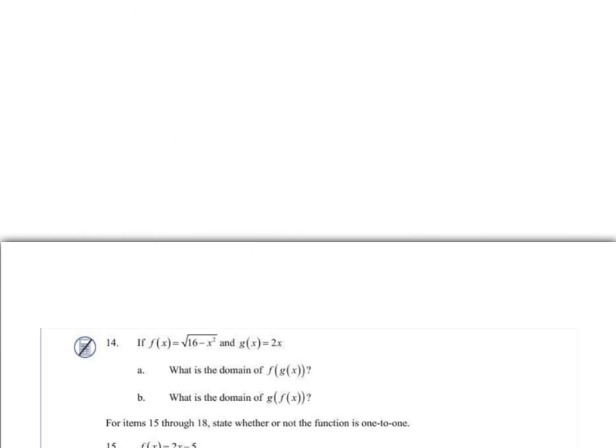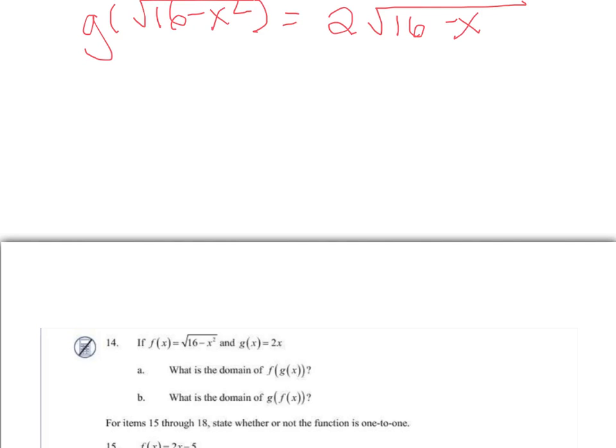So now we're going to do similar for b. We need g of f. That's 2 square root 16 minus x squared. So we need to know when 16 minus x squared is greater than or equal to 0.